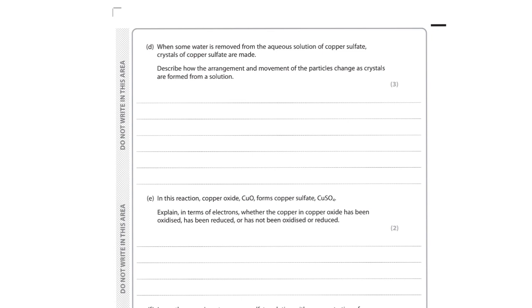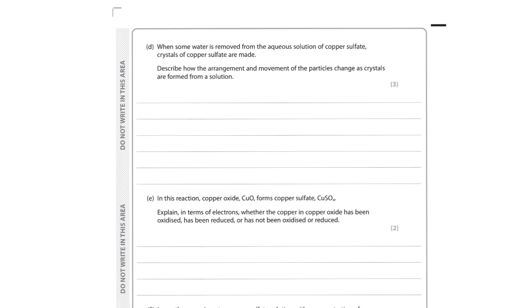The 4 marks were describing the arrangement and the movement of particles in a solution and then in a solid. The fact that this is crystals and the water evaporates, you can ignore all of that. All you need to know is that it's a solution, so the particles are liquid, and then it's a solid, so the particles are solid.